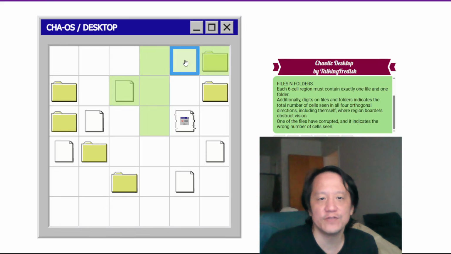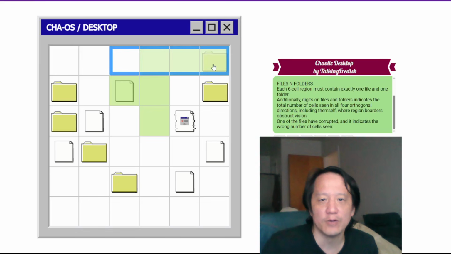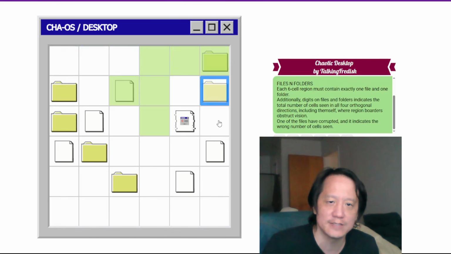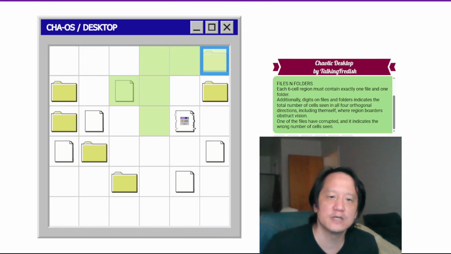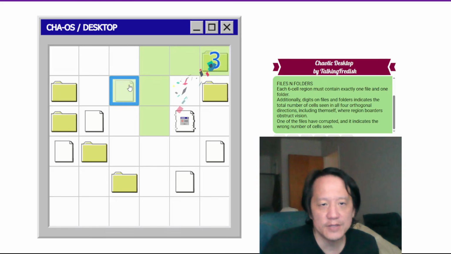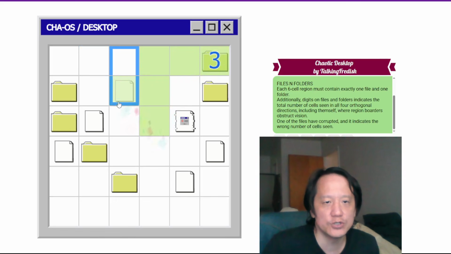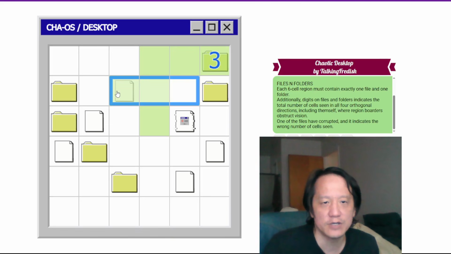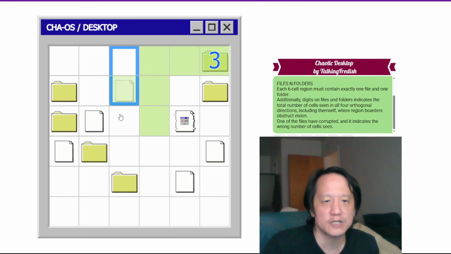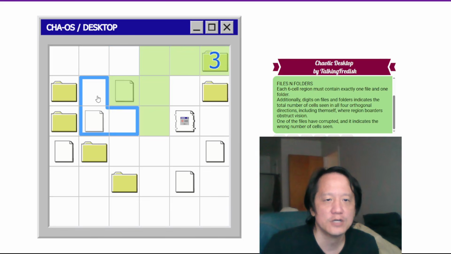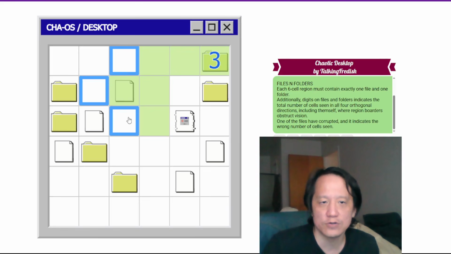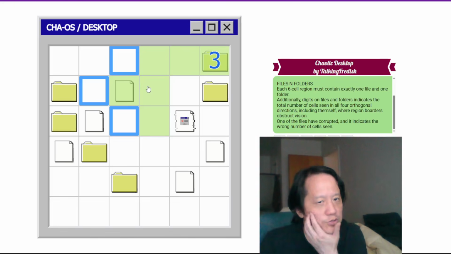It sees itself, this cell, and this cell, but since region borders obstruct vision, it does not see anything past this way, or past this way. So in this case, this would be a 3. In this case, this would be a 2, because it sees only this cell here in this direction. It doesn't see any other cells in the horizontal or vertical directions because region borders block vision.